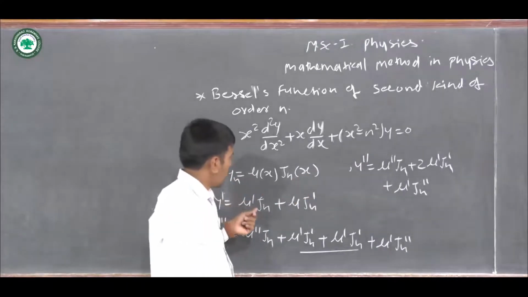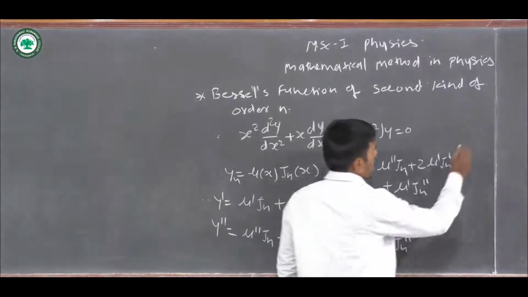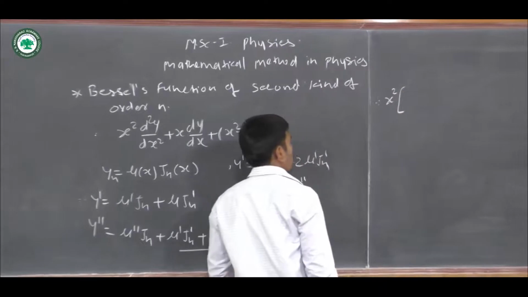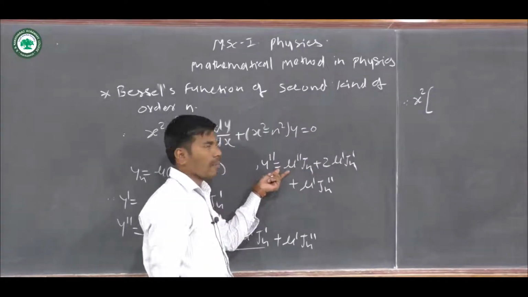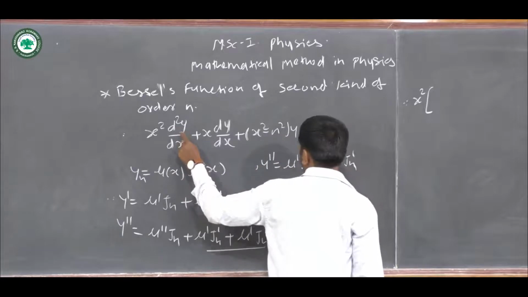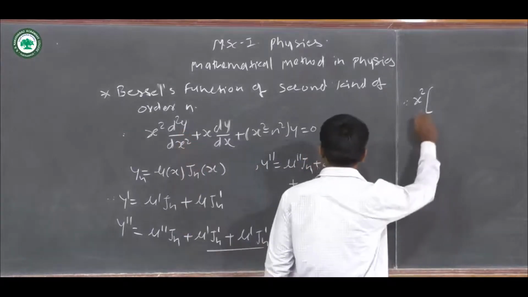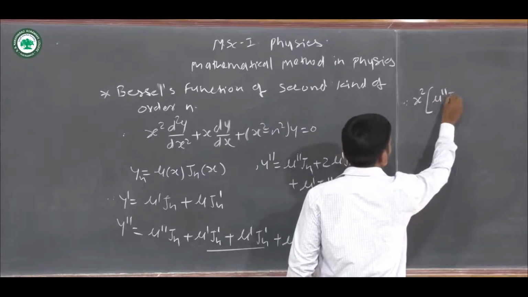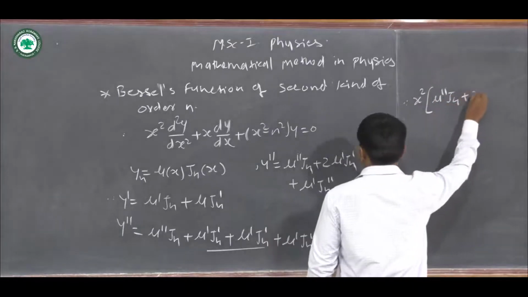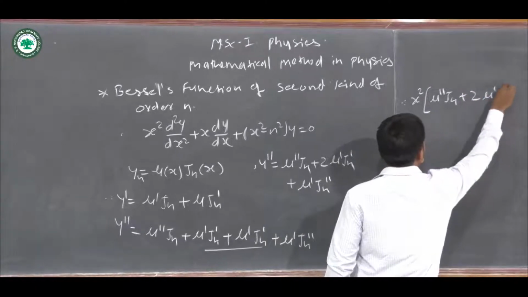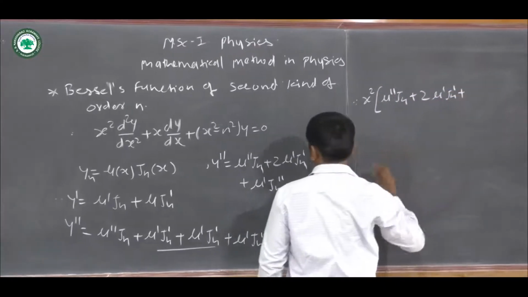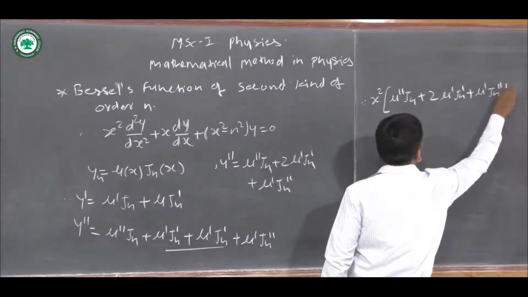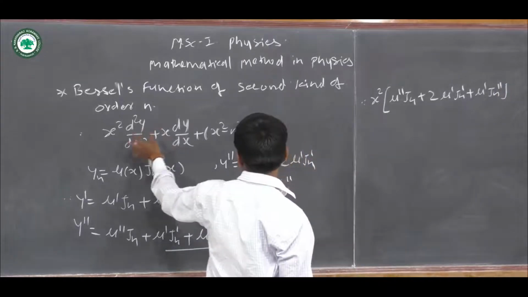So the differential equation becomes x square into (u double prime Jn plus 2 u prime Jn prime plus u Jn double prime), for the first term.